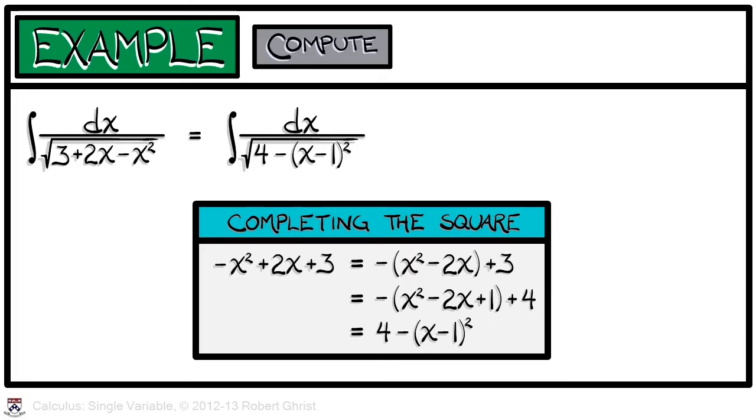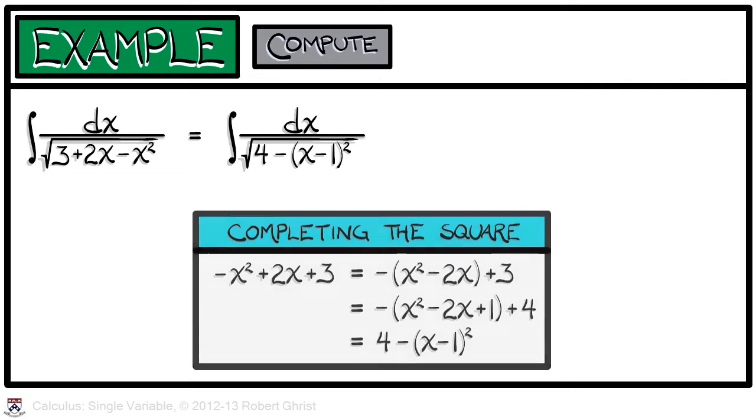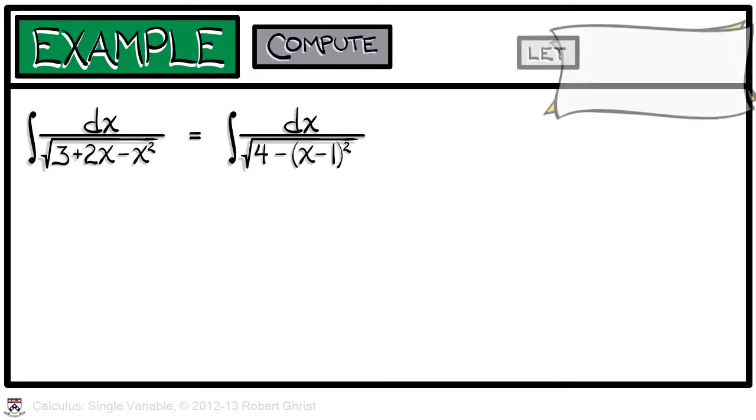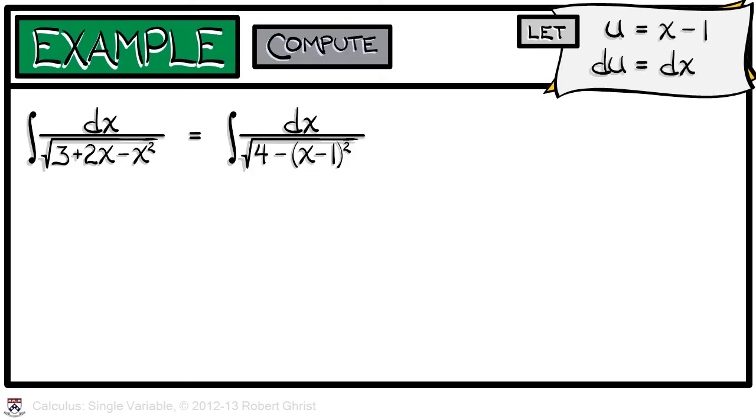Now, rewriting our integral in this form gives us something a bit easier to work with. The first thing we're going to do is replace that x minus 1 with a u. du is dx, and so we get simply the integral of du over square root of 4 minus u squared.